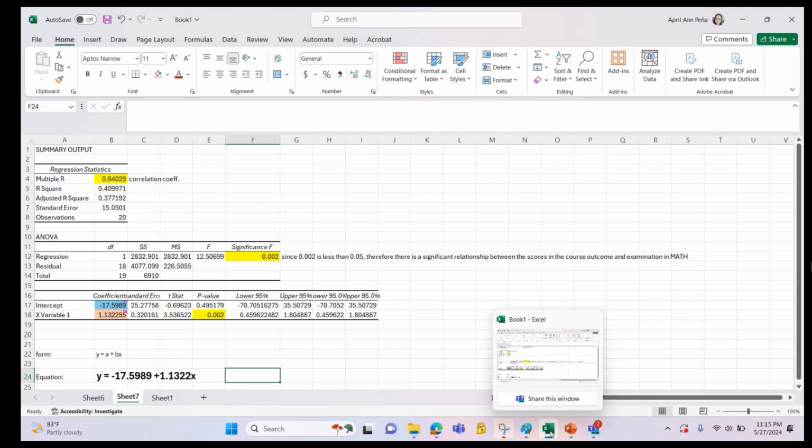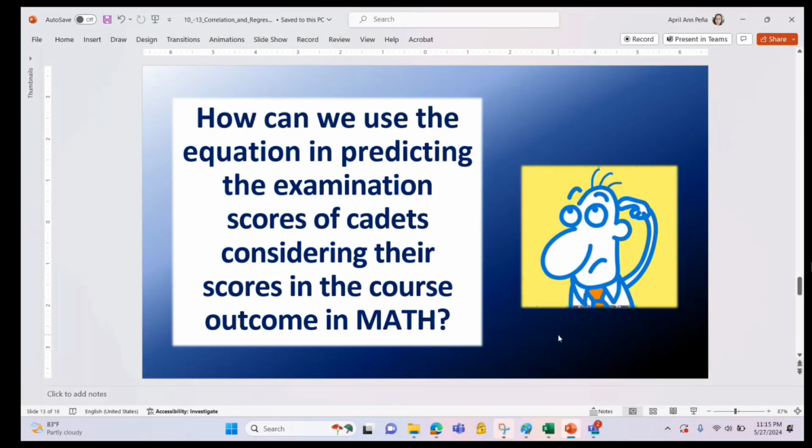Next, let us go back to our PowerPoint. Since we have an equation already, how can we use it to predict the examination scores of cadets? Remember that we have the last item. What is that last item?